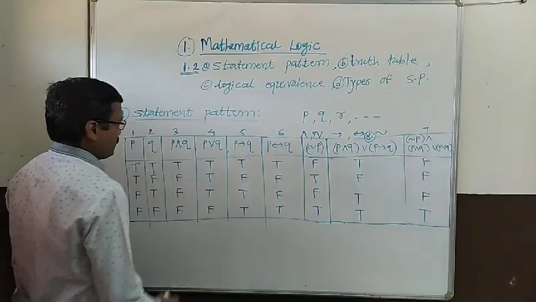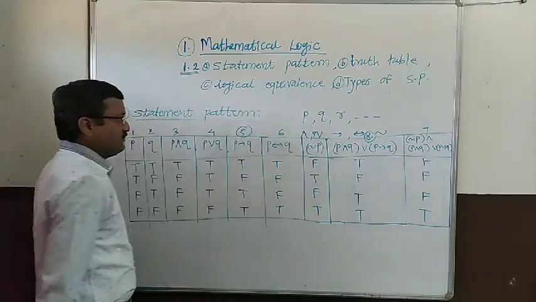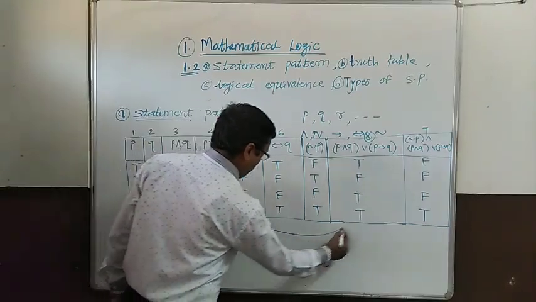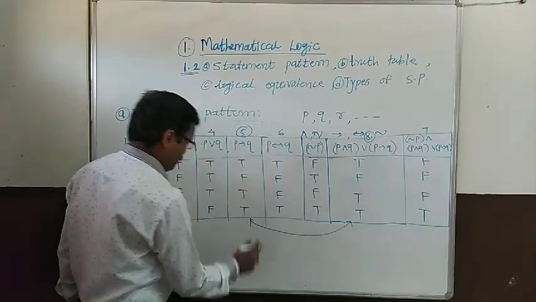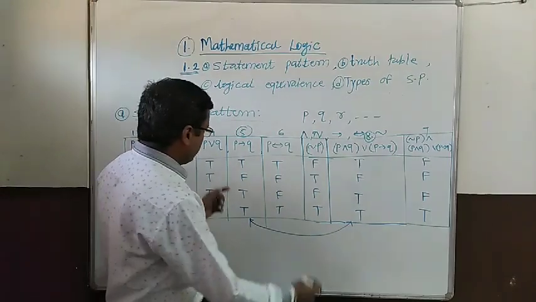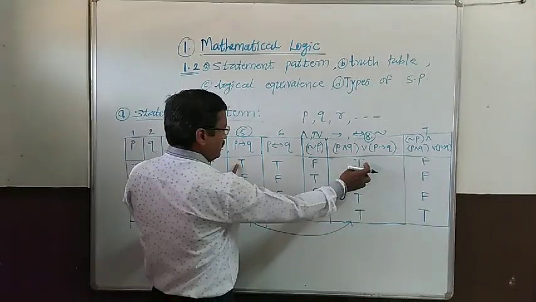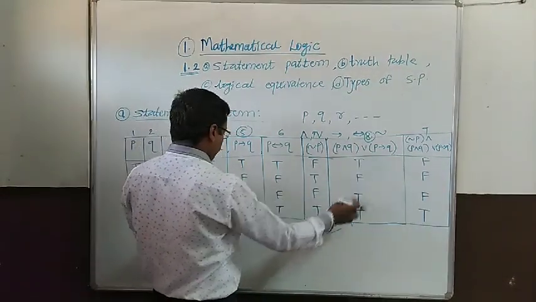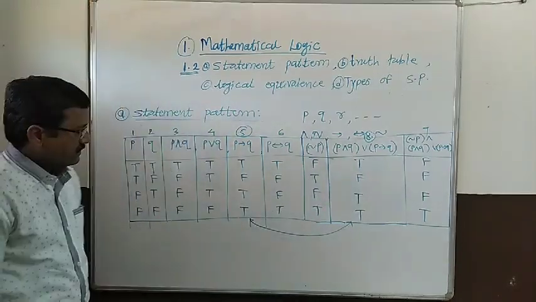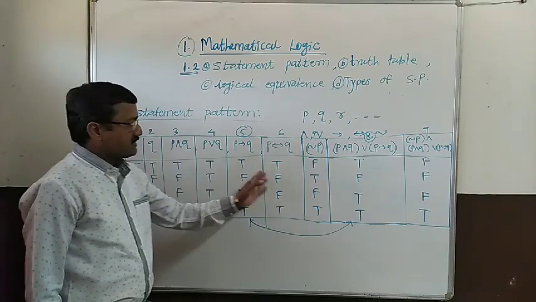If you observe column number 5 and 8, in these two columns, if you find the corresponding entries, here is T, here is the same T, F, F, T, T and T. So these two columns have the same corresponding entries.